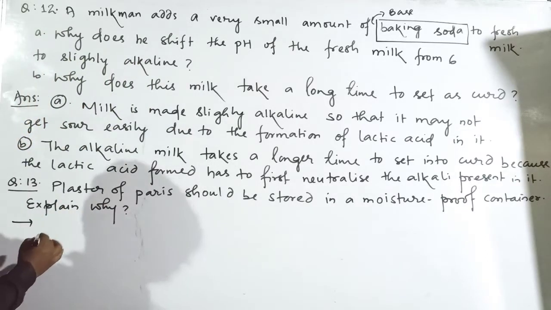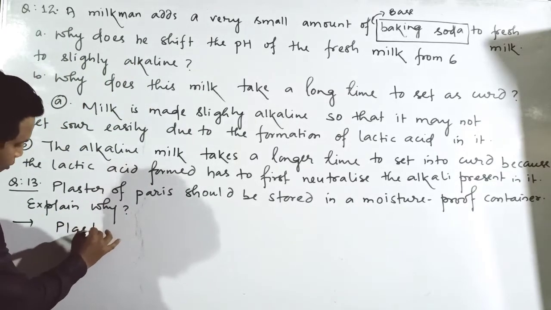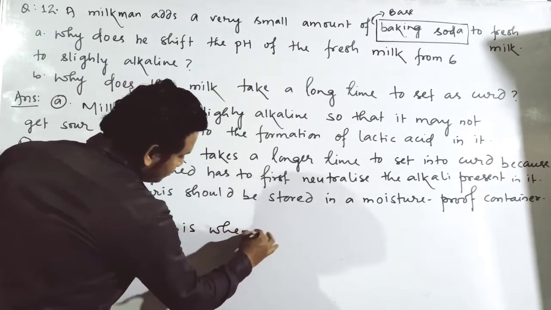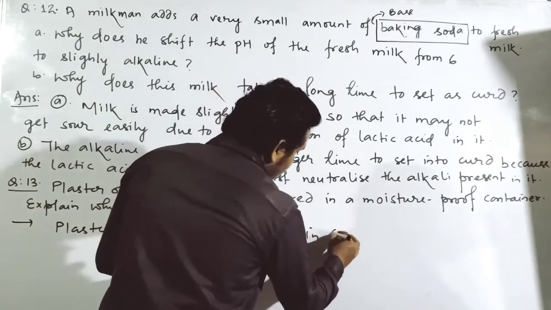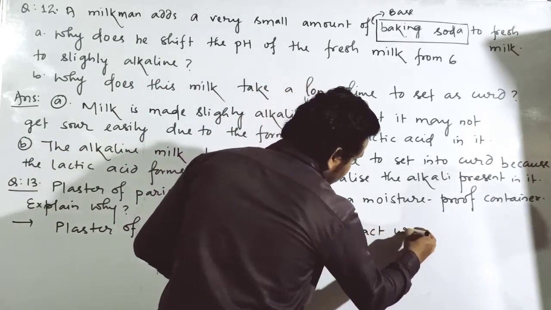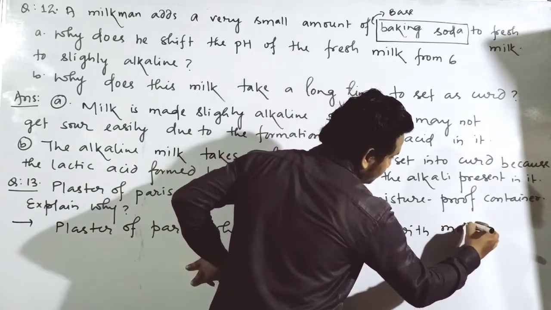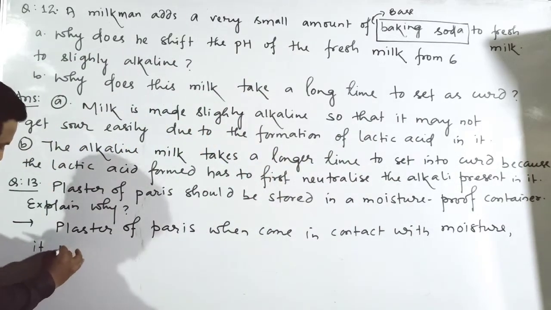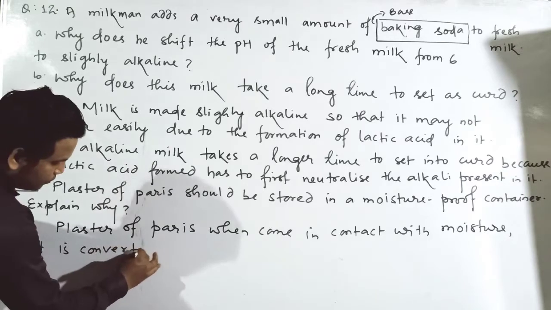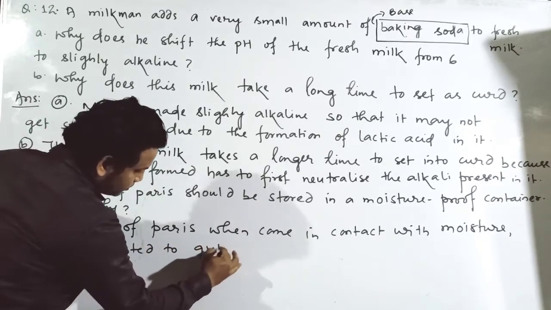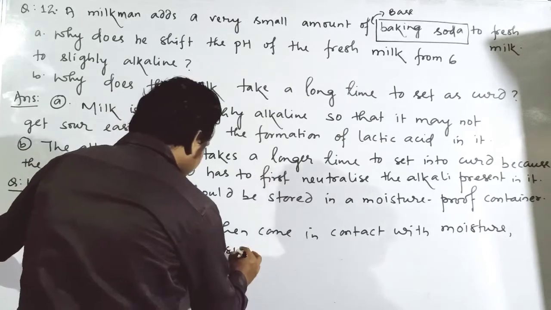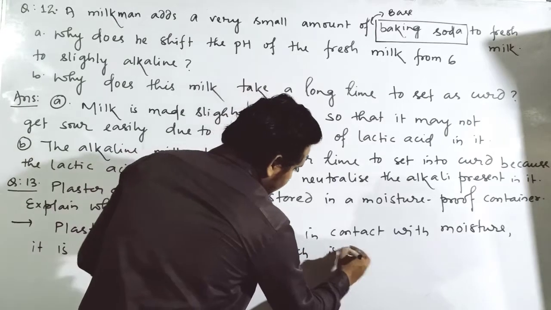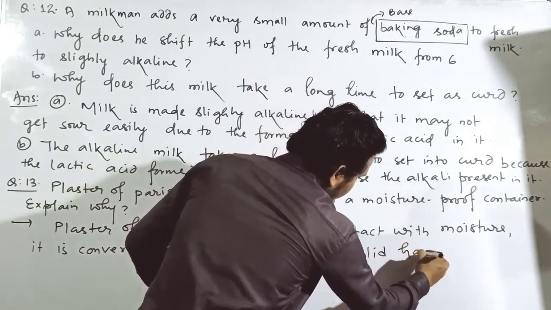So we can say that plaster of Paris, when it comes in contact with moisture, is converted to gypsum, which is a solid hard mass.